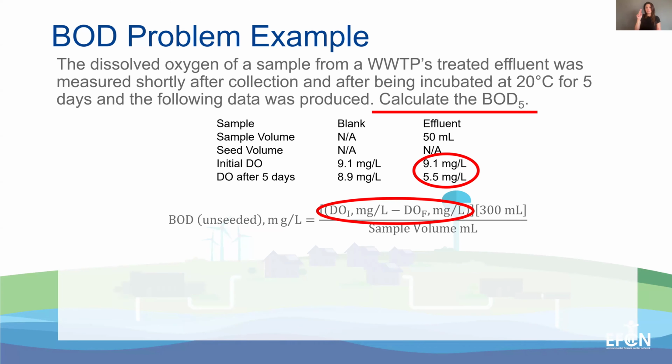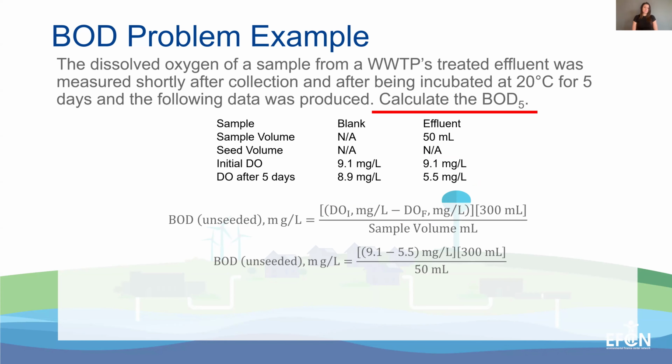If you'll notice, the equation has the dissolved oxygen of your initial sample versus the DO of the final after the 5 days. That is given to us in the data set as your initial DO, so how much DO is in the sample, versus what the DO was after 5 days. We can take the influent DO, the 9.1 milligrams per liter, and subtract from it the 5.5 milligrams per liter of the DO after 5 days.